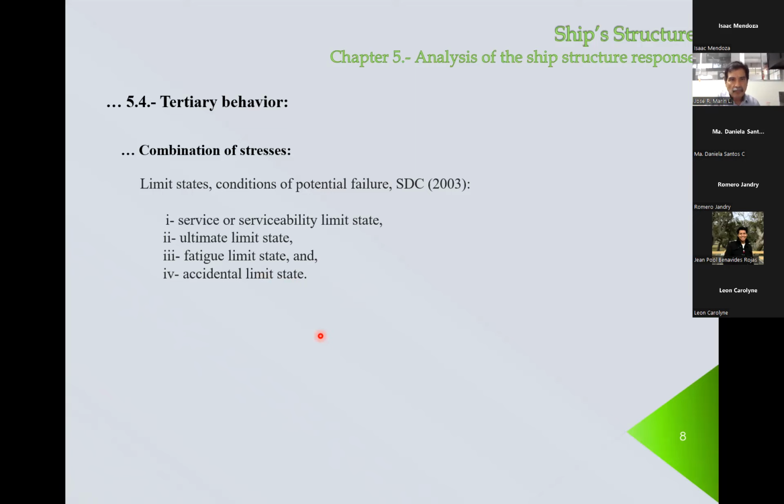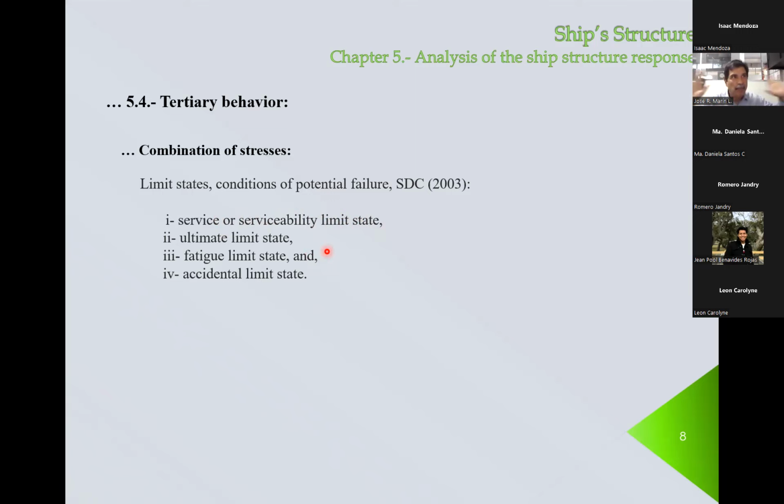Okay? That's why for the plate thickness in the classification society, we have two formulations. One is for considering the pressure. And what I interpret is that that's the service limit state. So the ship travels from one port to another, and it oscillates. So you have a lot of dynamic pressure acting on the plating.